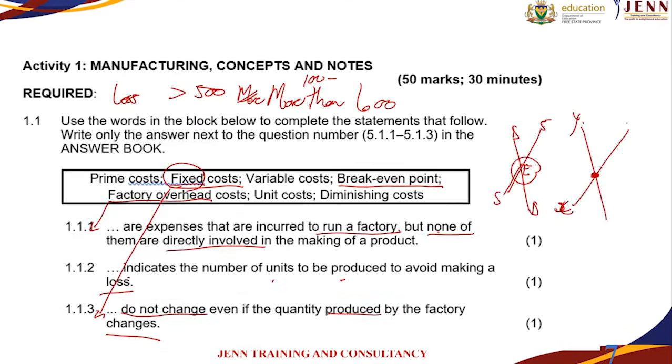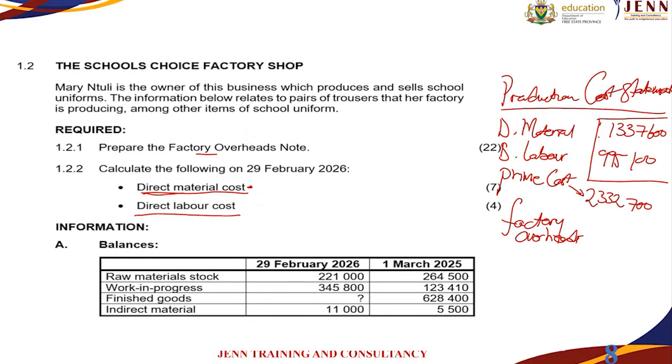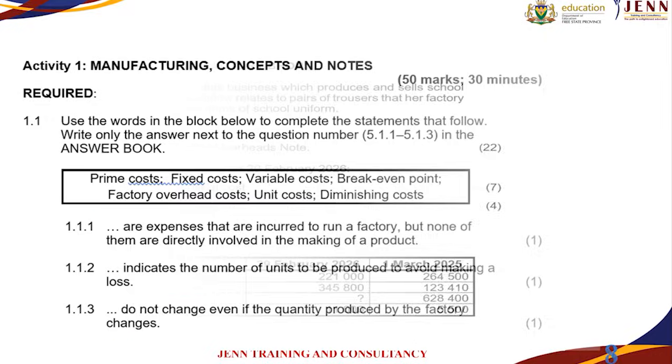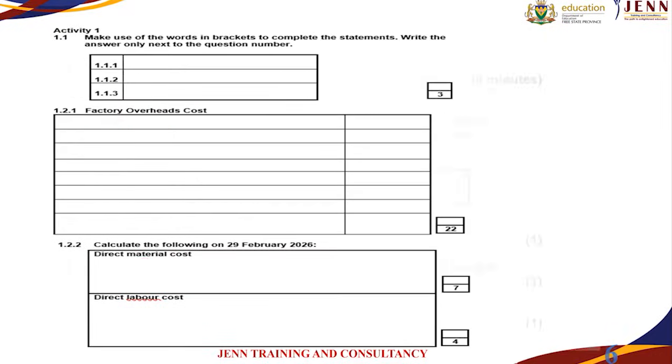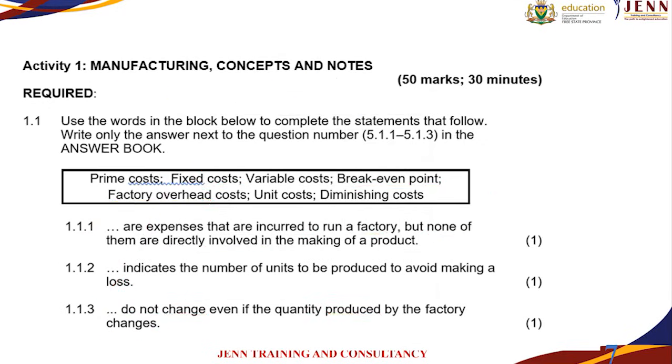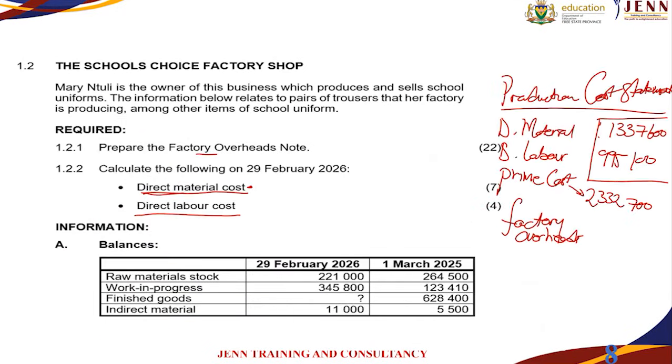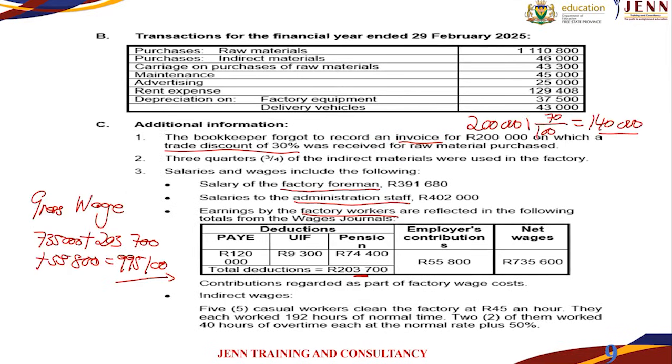Now let's go to information A. On our information A, we have 5,500. As we can see, that is our opening balance. So it means we are going to say 5,500. Plus, we also have to go and look for the purchases, if we did purchase any indirect material during the year.